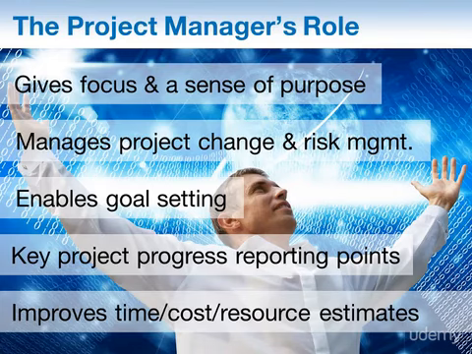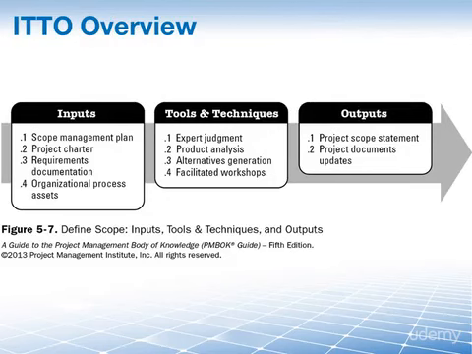resource estimates. Here is the ITTO overview from the PMBOK guide, and as you can see, all of these inputs, tools, techniques and outputs are obviously helping us to define our scope. As inputs, we have everything that is scope requirements related, like the project charter that contains a high-level scope, like the requirements documentation that tells us what our stakeholders want to achieve with this project.